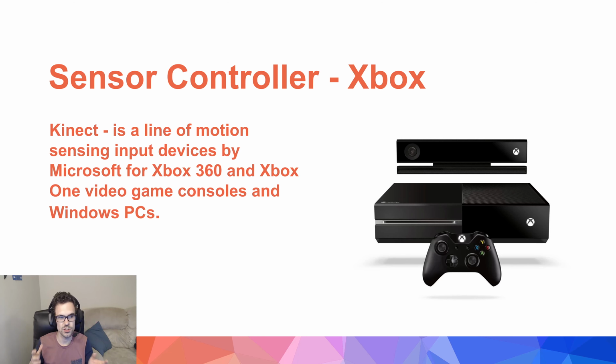It's a line of motion sensing input devices by Microsoft for the Xbox 360, Xbox One, Xbox X, and on, or video game consoles and PCs, that picks up your motion so you can play the game almost like moving one's hands. You could play Fruit Ninja just by slashing, for instance. You could act like you're riding a motorbike and your hands become the controller. And so that's known as a sensor controller.